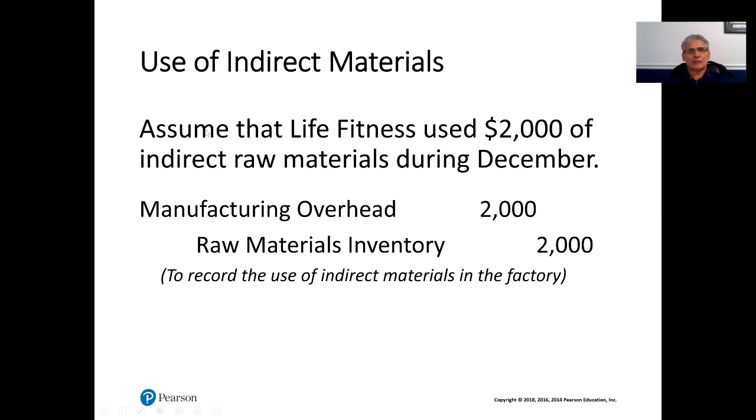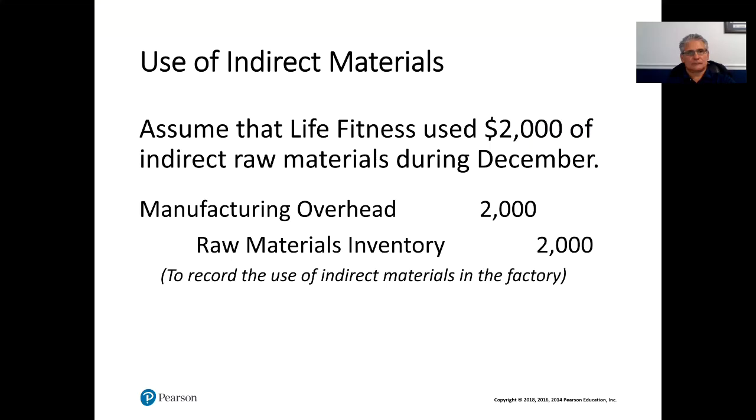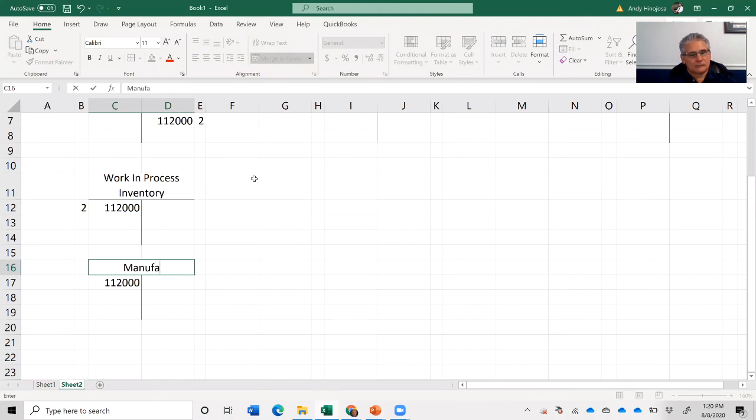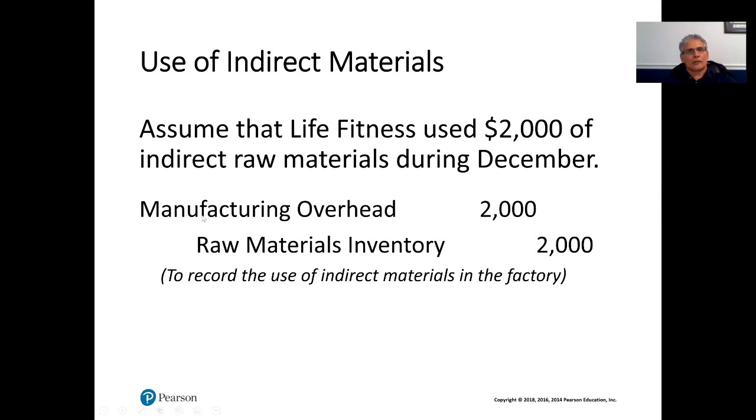Now, our raw materials include some indirect materials. So let's assume that Life Fitness used 2,000 of the indirect raw materials during December as well. So what we're going to do is create an account called manufacturing overhead.